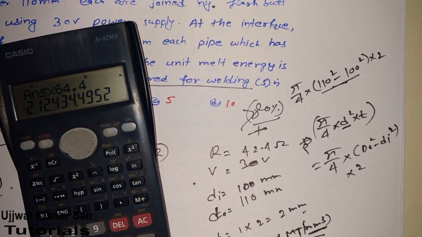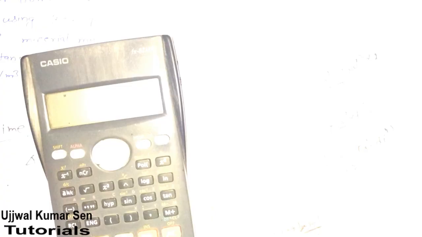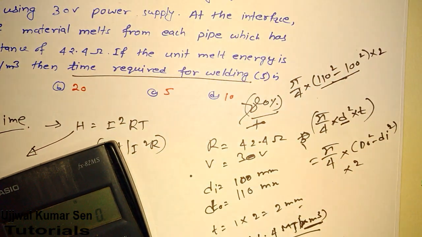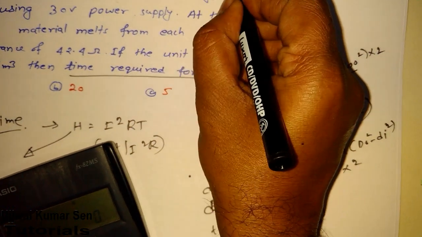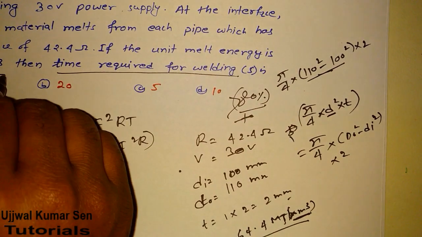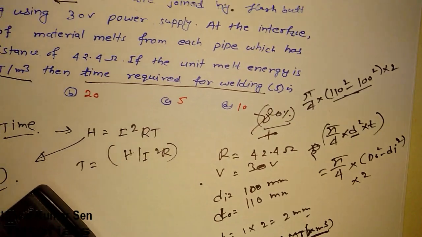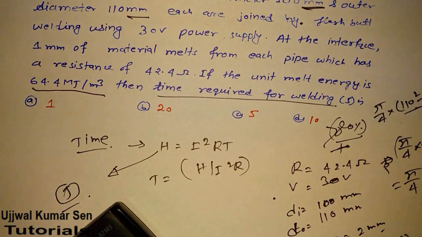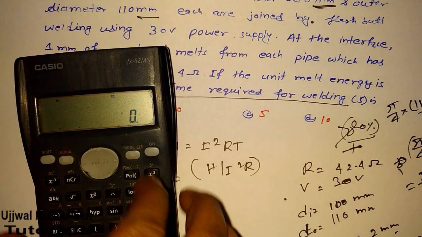So by doing that, we can find the real value. I just have to look at all the units first. This is given in millimeter, this is given in millimeter. Now look at this unit: 64 megajoule per meter cube. By mistake I had written millimeter cube, so I had to check all units first.